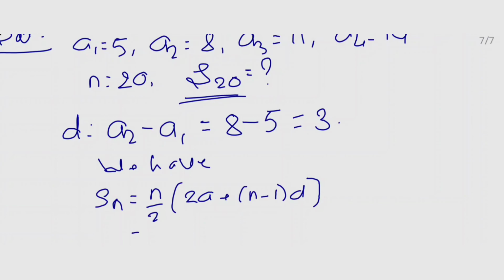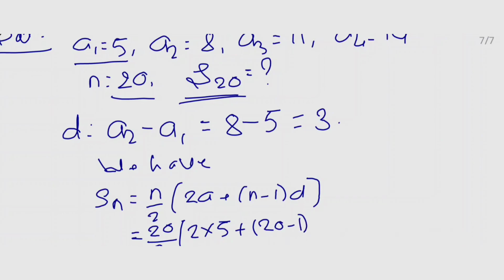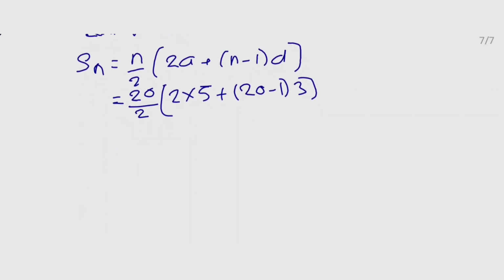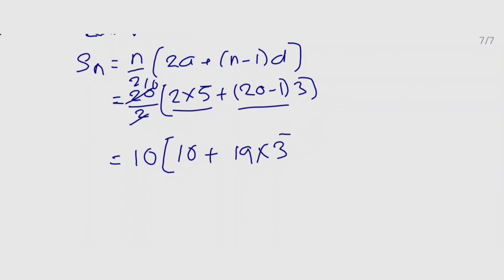So substitute here. So here n is 20 by 2 into (2 into a, so a is here 5, plus n is 20 minus 1, and d is what we just found, that is 3). So now calculate here. 2 ones are 2, 2 tens are 20, so here we got 10 in a bracket. 2 into 5 is also 10, plus 20 minus 1 is 19 into 3.